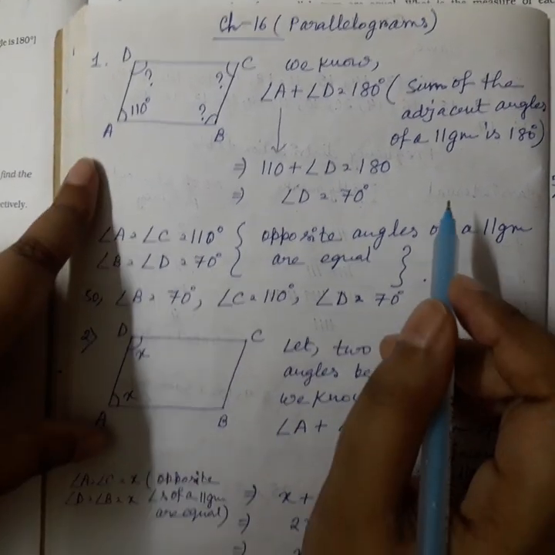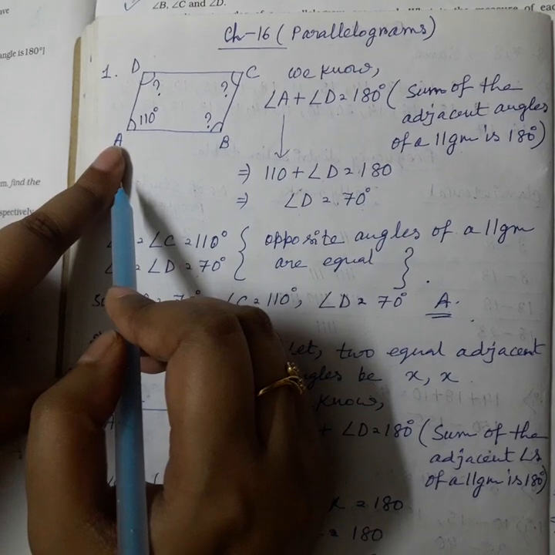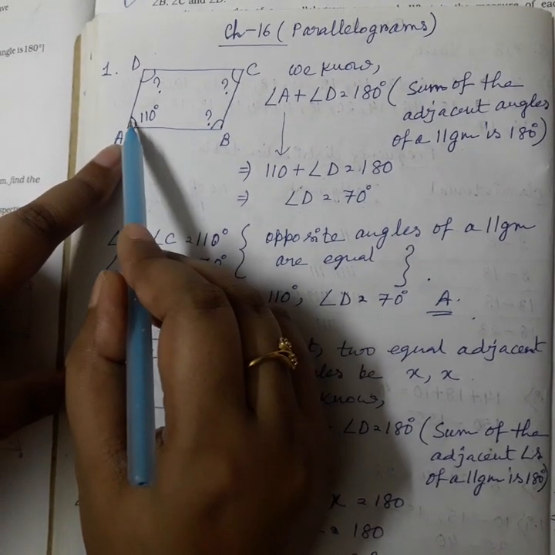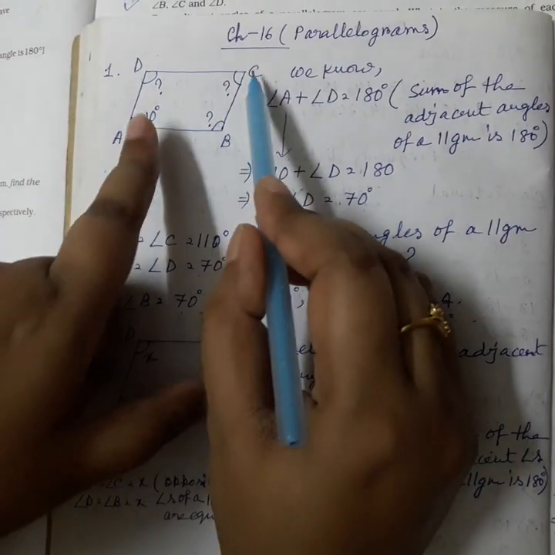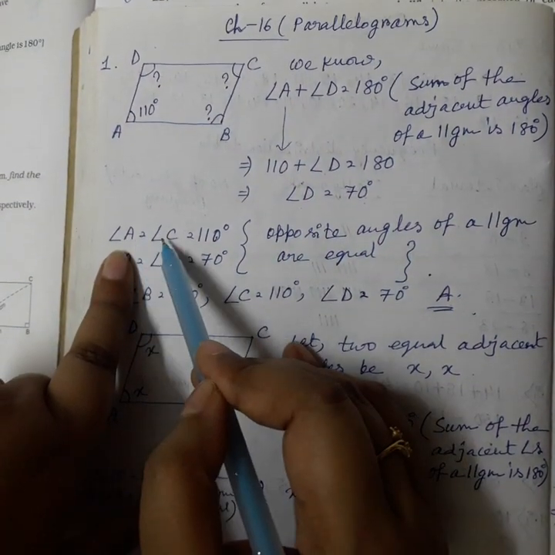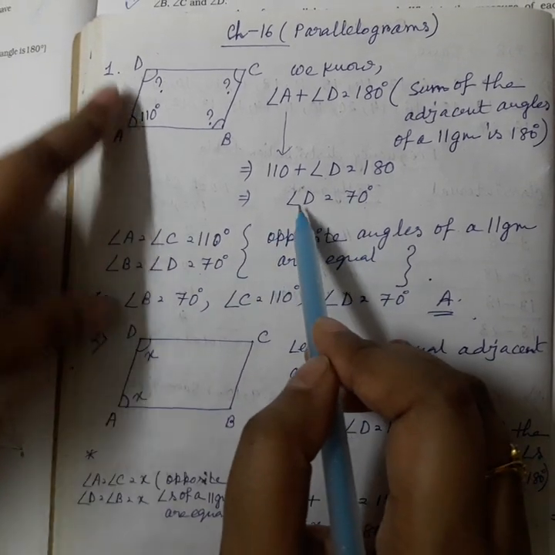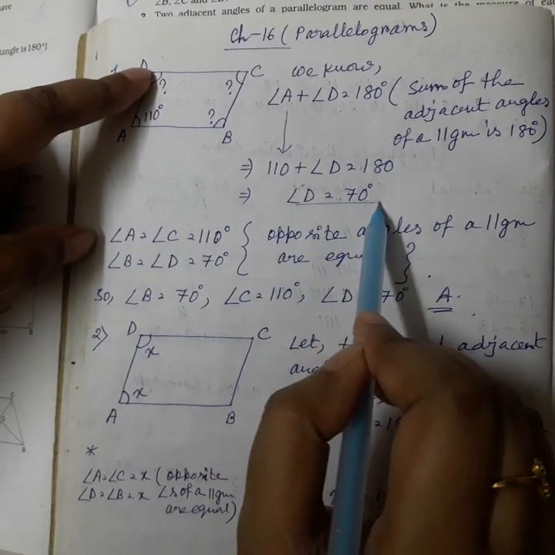Now another property is that in a parallelogram opposite angles are equal. So if angle A is 110 degrees, angles A and C are opposite angles, so we can write angle A equals angle C equals 110 degrees, and from the equation angle D we found 70 degrees, correct?